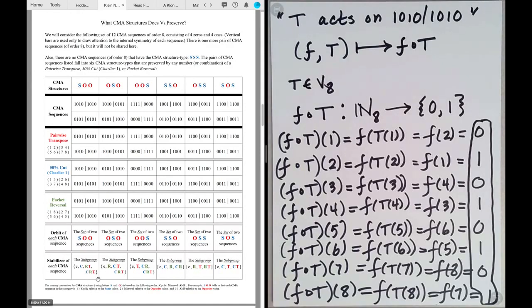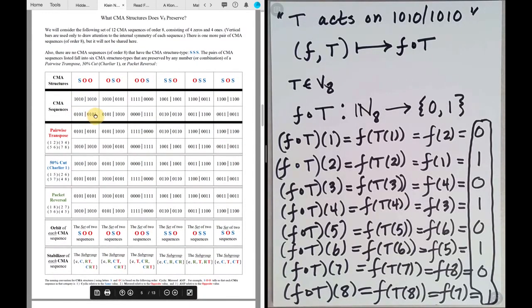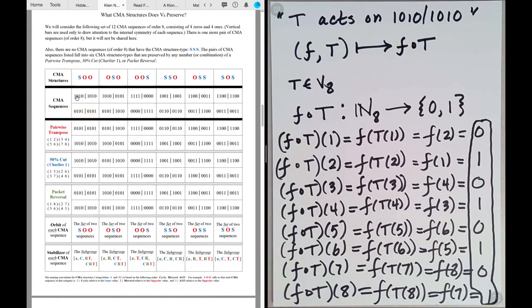And once again, it doesn't matter in what order you list these group elements. Okay, and that gives you the full stabilizer subgroup for the CMA sequence listed right there. And that same subgroup here will be the stabilizer subgroup for the inversion of this top CMA sequence.